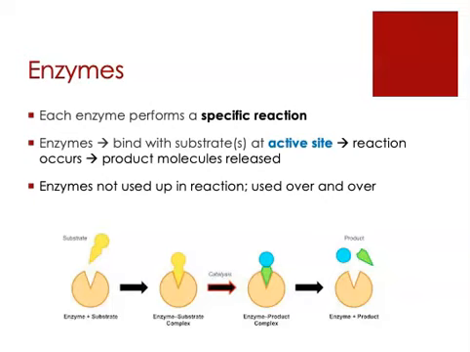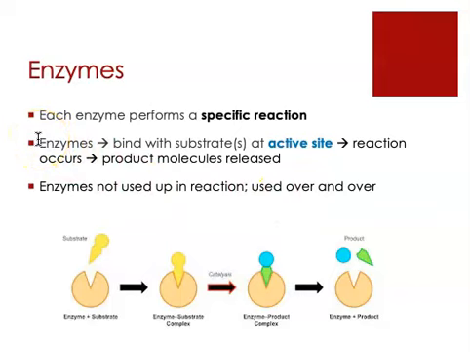When you put a catalyst in, the substrate is going to interact with the catalyst. A change is going to occur. Old bonds are going to be broken down. New bonds are going to be formed, and that will create product. After the product is formed, it will be released. In other words, it will stop interacting with the catalyst, and the reaction will be over.